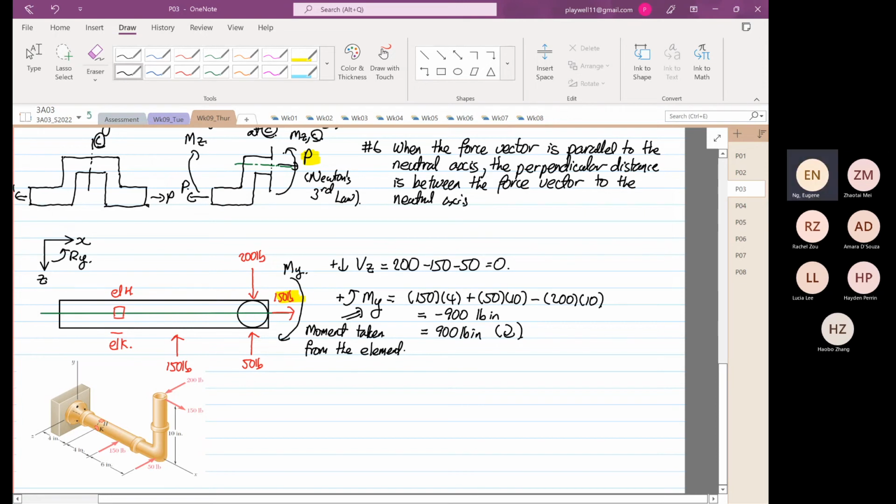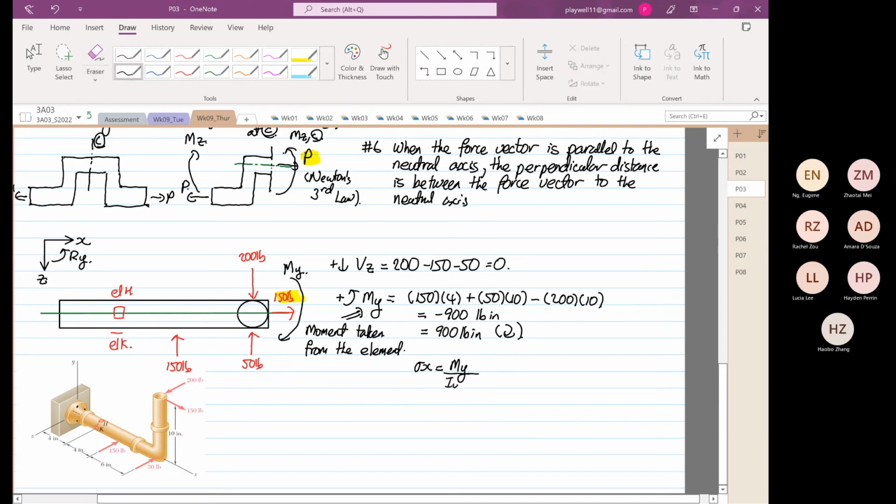So let's analyze what's going on the element first. If we apply the formula, stress X is equal to moment about Y over IYY multiplied by the distance Z. Oh, no, sorry. What am I doing?